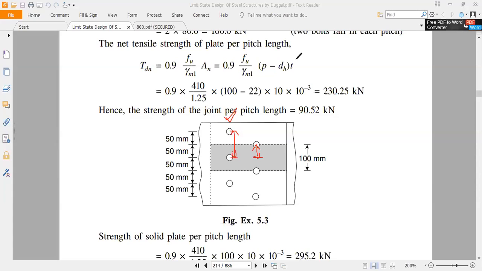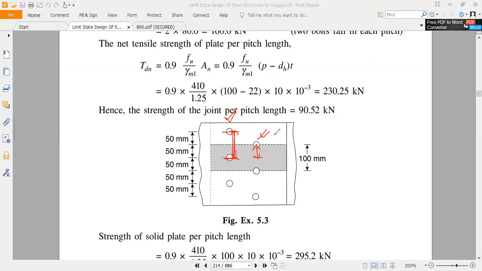So that's why we have to find the strength of the connection per pitch length. For per pitch length, how many bolts are coming? Imagine this is the pitch, then here half bolt is coming, here half bolt is coming, and here 1 bolt is coming. Clear?